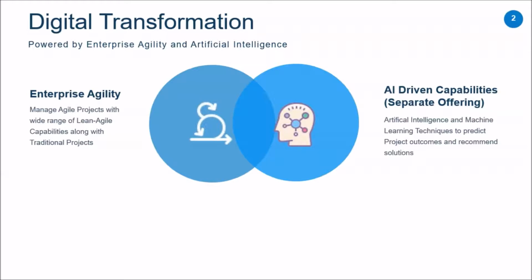So we'll be coming up with a separate offering that allows us to harness that power of artificial intelligence and use it to analyze the Swift Enterprise project data and recommend solutions to the risks and issues identified proactively. Swift Enterprise 5.0 is our first step in that direction, wherein we bring in the power of AI and ML that helps you monitor work progress in a whole new way and helps you do the routine work easily.